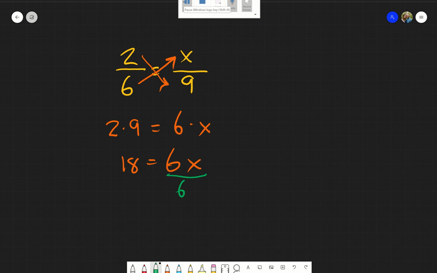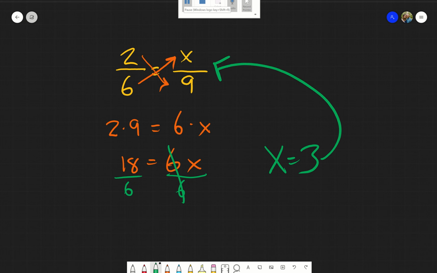We're going to divide both sides by 6 to get x equals 3. 2/6 equals 3/9. That's how we can solve any proportion using this method: when we cross multiply, one of our sides will have an x, and then we want to solve for x.